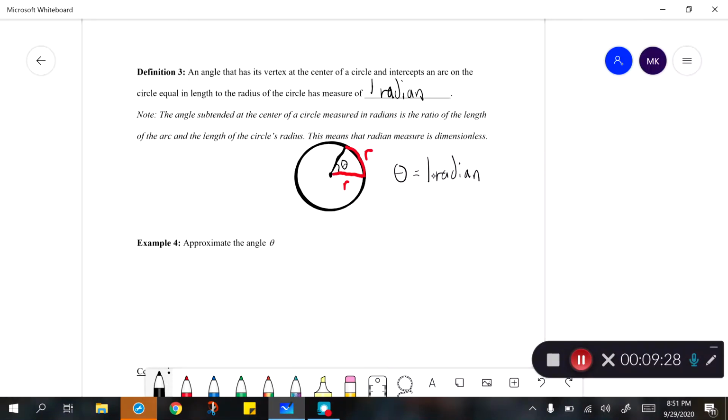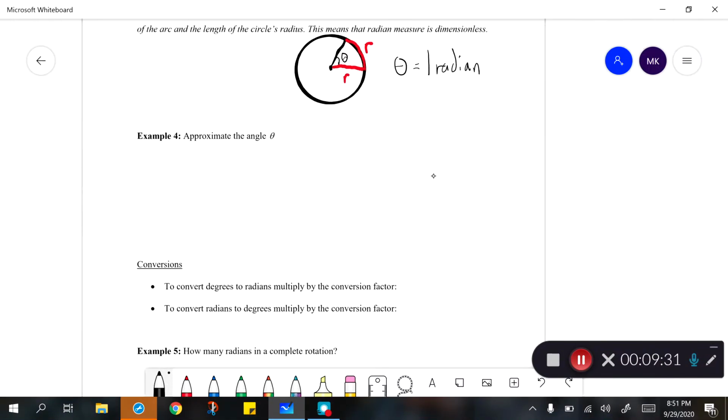Okay. So I'm going to draw an angle, and I want you to try and think, what is the angle measure in radians? So again, I'm going to start with the circle. Let's say we've got this angle here, and I know that this is 4, and this distance here is 12.